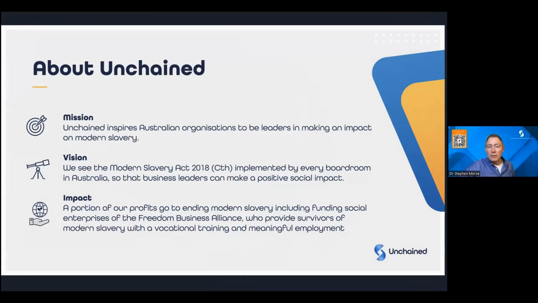It's also a mechanism which can be transferred into other impact areas. We're a social enterprise in the sense that we give a portion of our profit to ending modern slavery, including the funding of other social enterprises through the Freedom Business Alliance, organisations that work directly with the survivors of modern slavery, especially those concentrated in Southeast Asia.